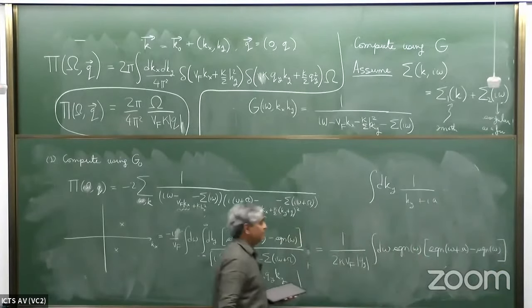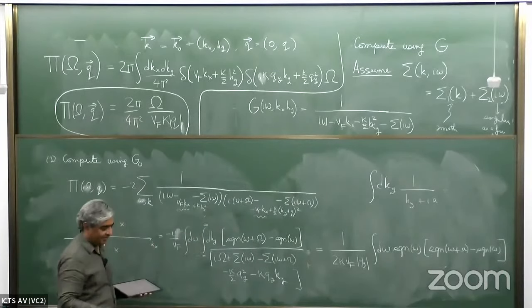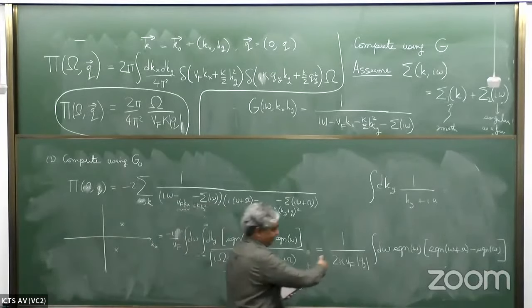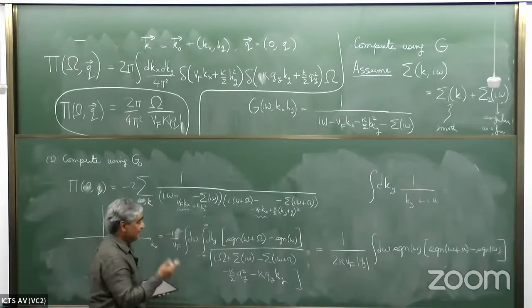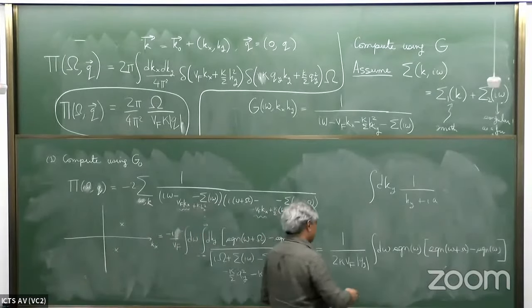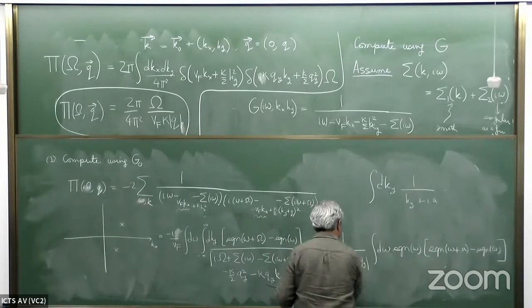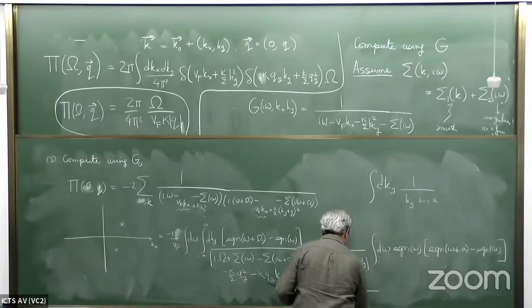Okay. Finally, I have the integral I care about, that I can evaluate over omega, but the self energy just dropped out completely because I just needed the sign of this object. And so this thing turns out to be, you do this integral, you get a factor of omega, and it's exactly what I had before.